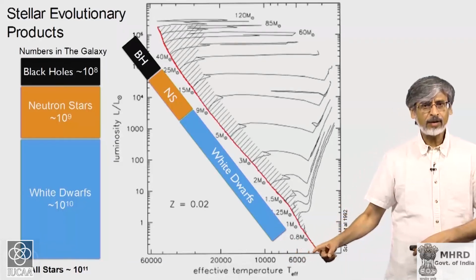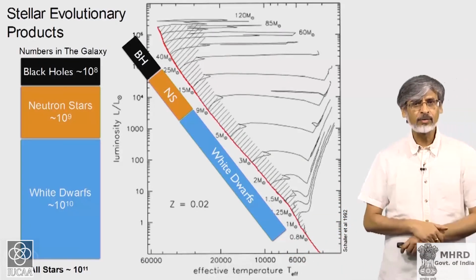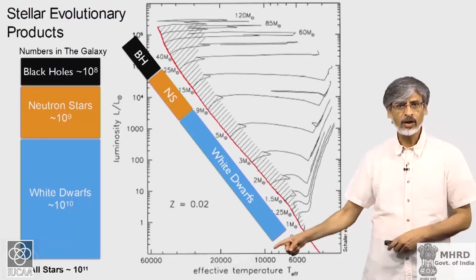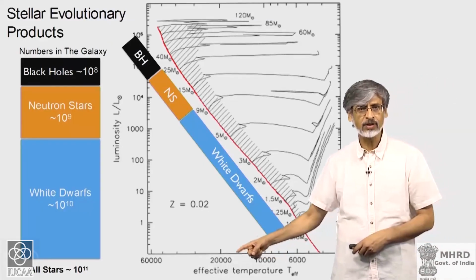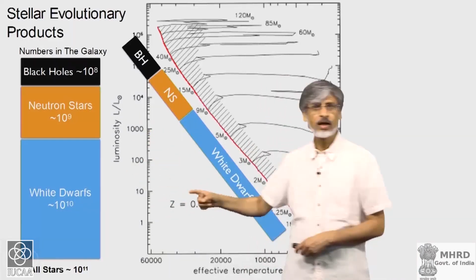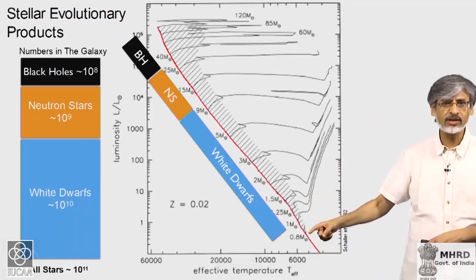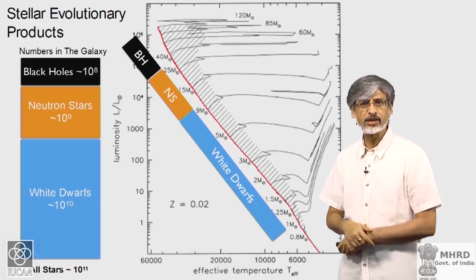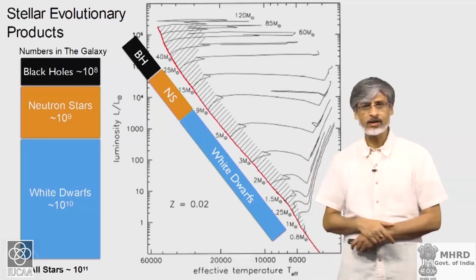The diagram on the right is a famous diagram called the Hertzsprung-Russell diagram, where effective temperature is plotted on the horizontal axis and the luminosity of the star is plotted on the vertical axis. And most of the stars we see in the sky lie on this red line, which is called the main sequence, and they are all burning hydrogen.